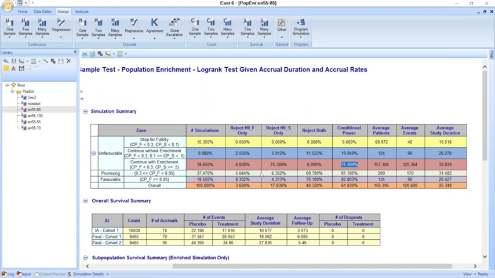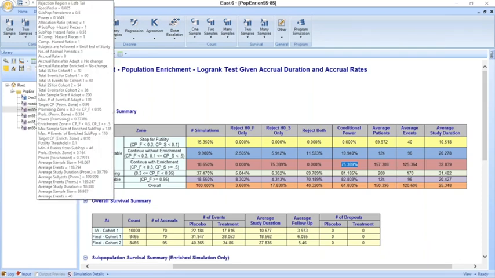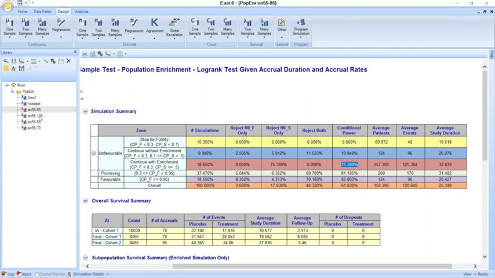So, and we also have obviously what the power in the favorable zone is going to be. So this, in addition to other scenarios, have been run as well. So scenario where the hazard ratio for the subpopulation is 0.55 versus 1 for its complement, 0.55 versus 0.55, and 0.55 versus 70.